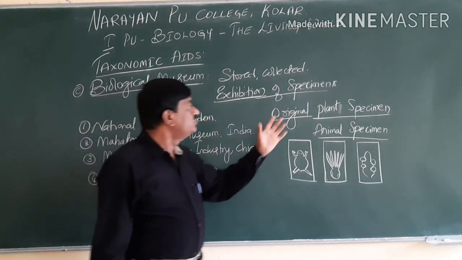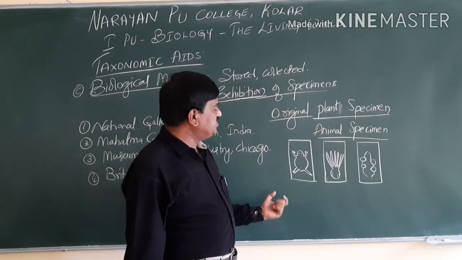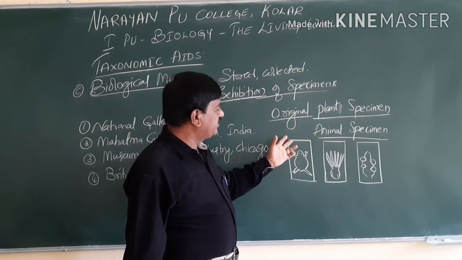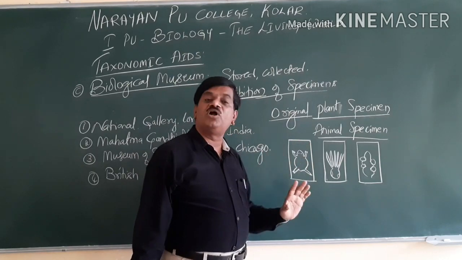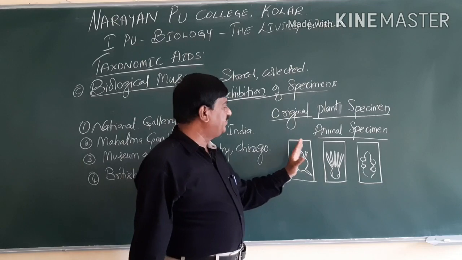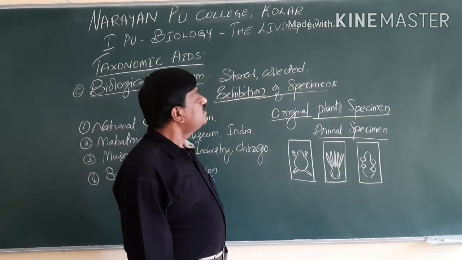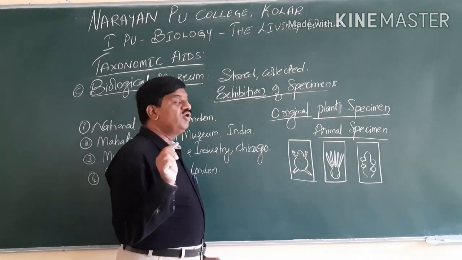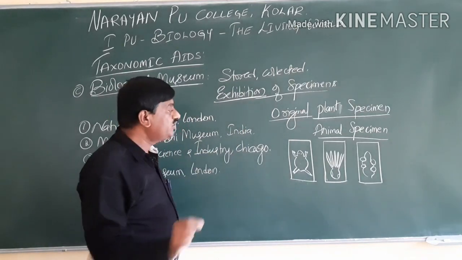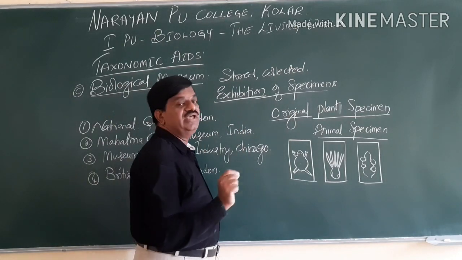Now this is about the smaller specimens, which can be kept in bottles with formaldehyde. For example, we have seen the snake. Snakes can also be kept inside bottles. When we go for bigger specimens, those bigger specimens are stuffed and kept in the labs.